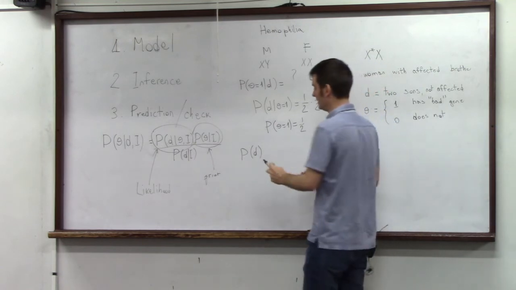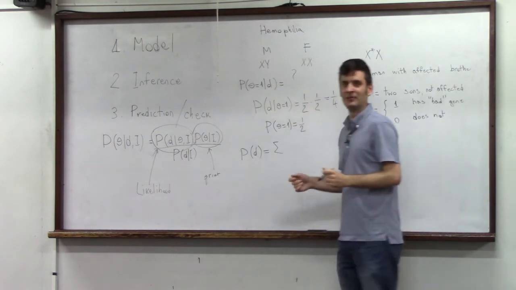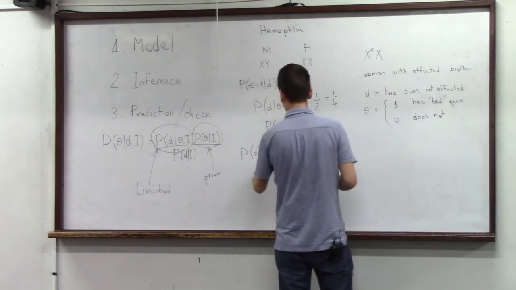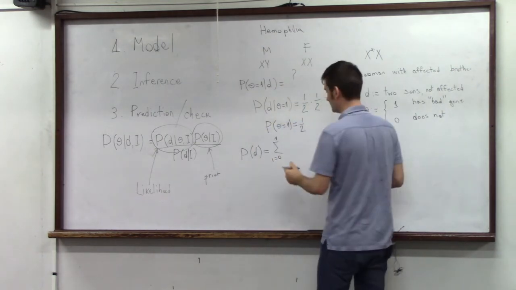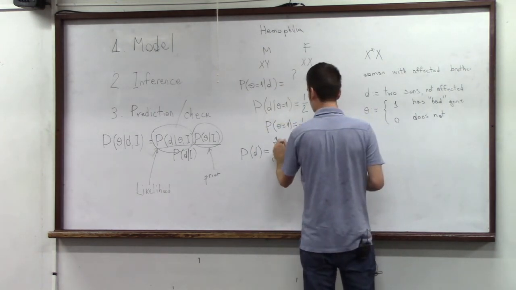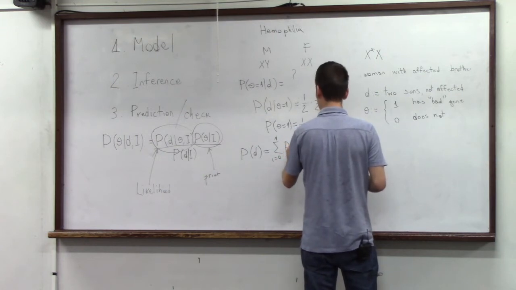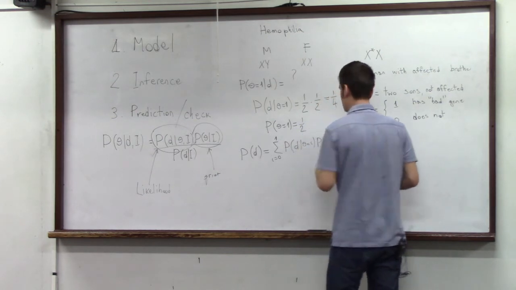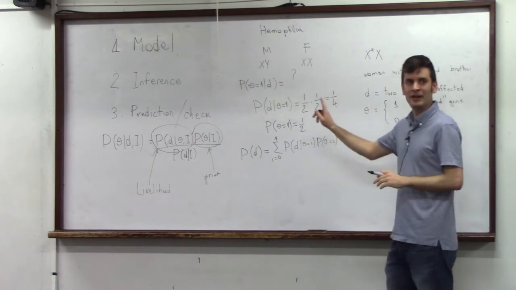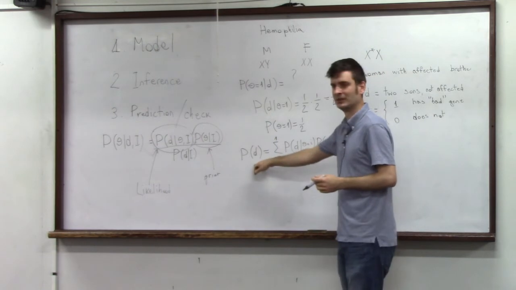It just means summing over all possible values of theta, which in this case is only 2. So whatever the value of theta is, what is the probability of observing this data?